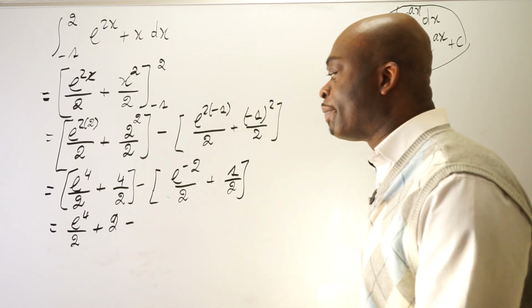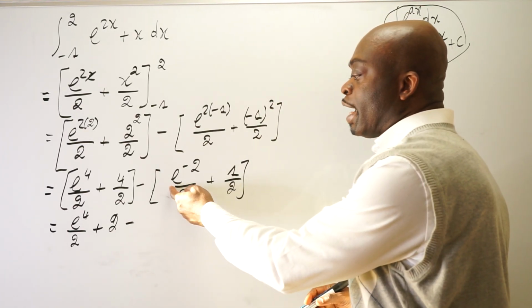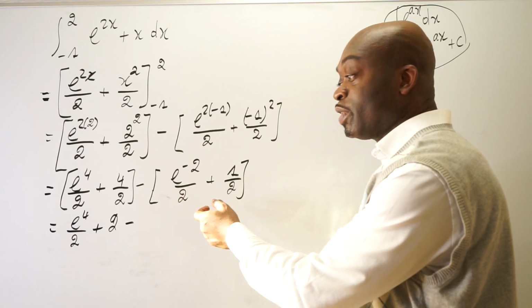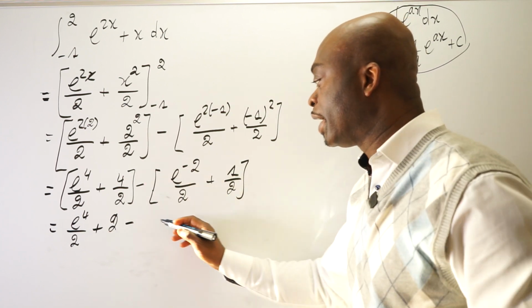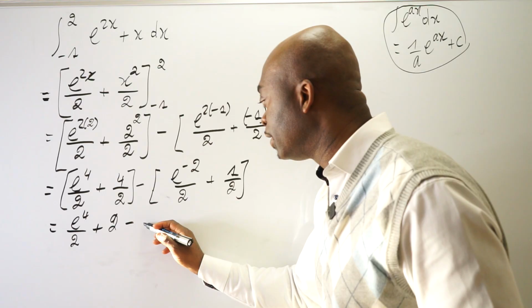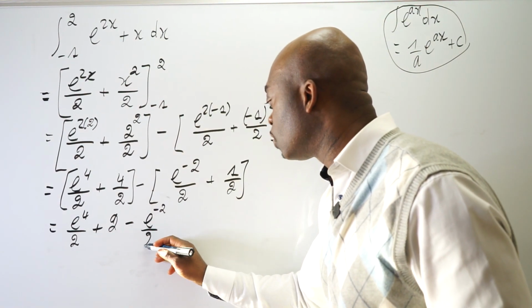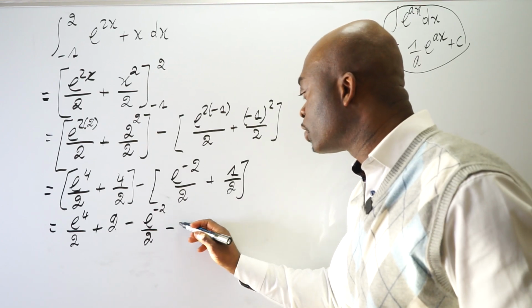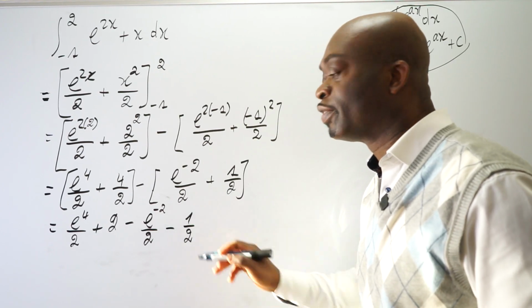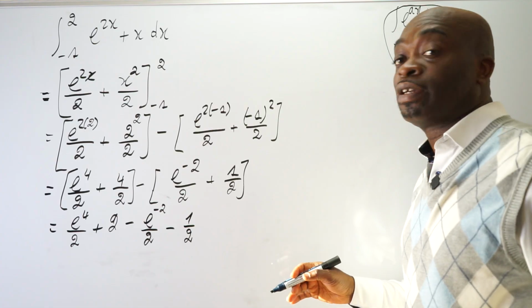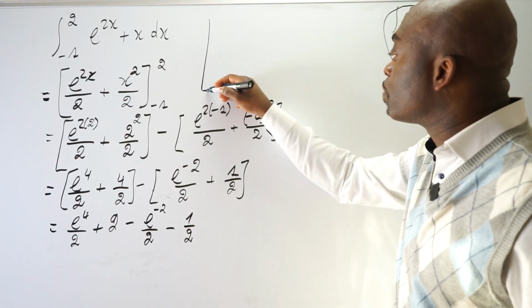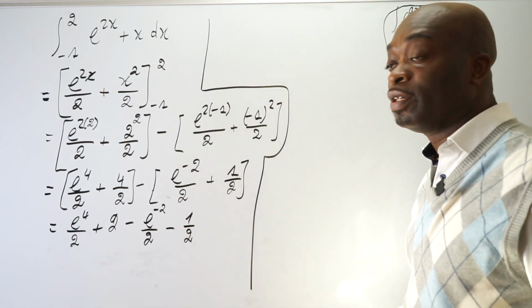Then minus what's happening here. Every term here we change to the opposite sign. The positive here will become negative because of the subtraction sign. So that'll be minus exponential -2 over 2, and then this one also is going to be minus half. Any like terms we combine together.